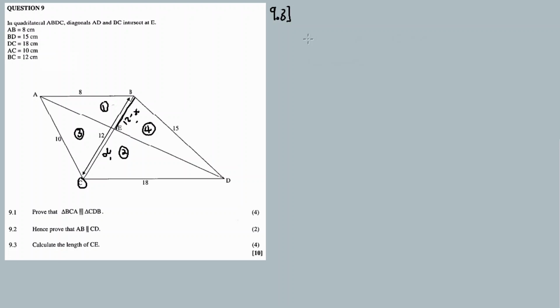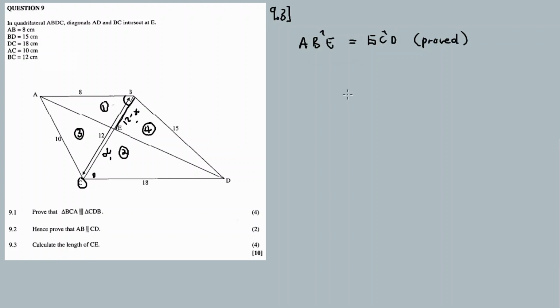So therefore sizothi ke this angle ABE is equal to this angle ECD. We have proved this on the previous question, 9.2.